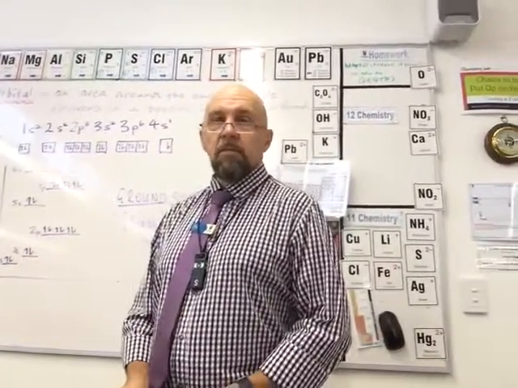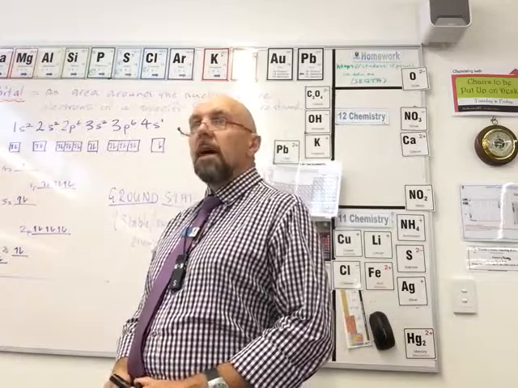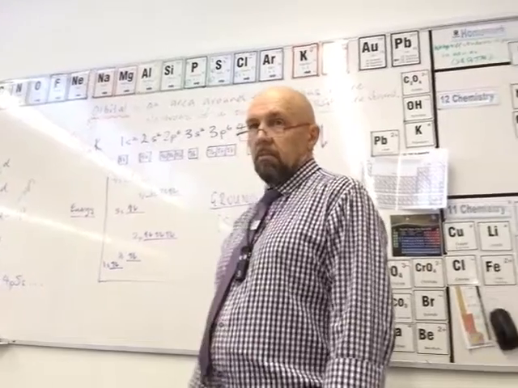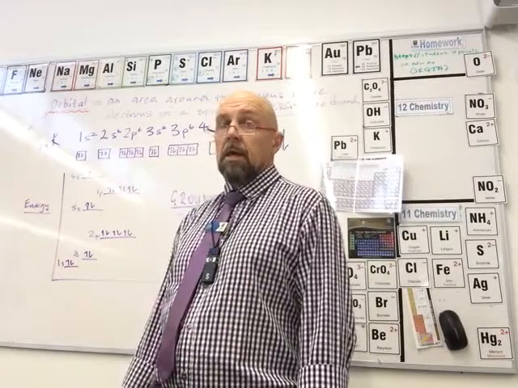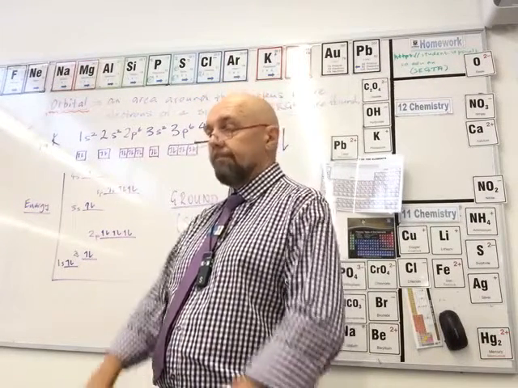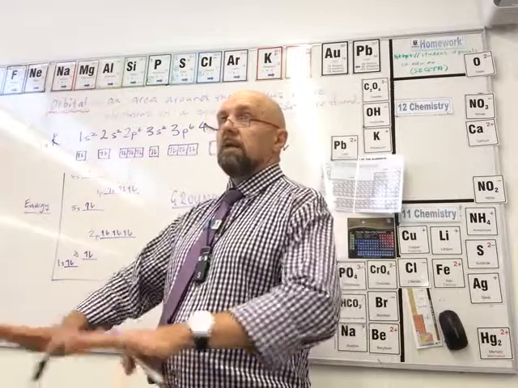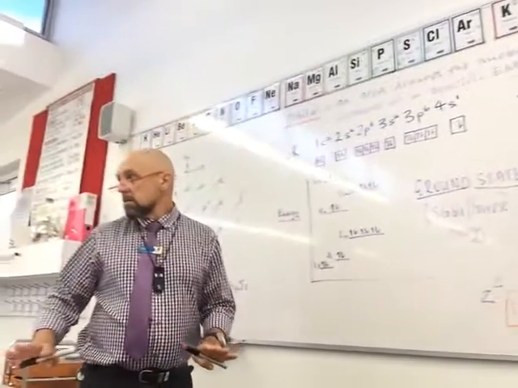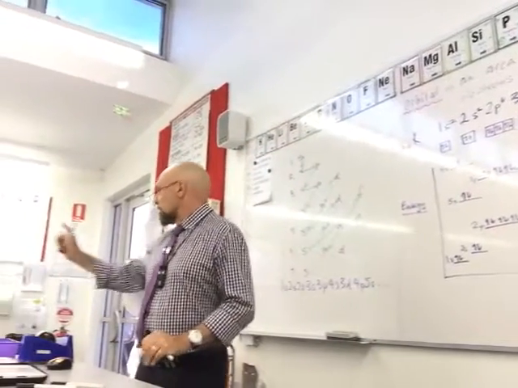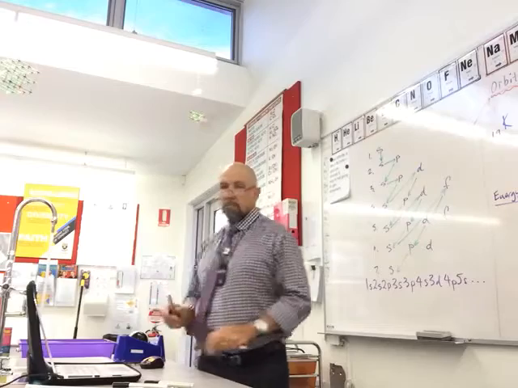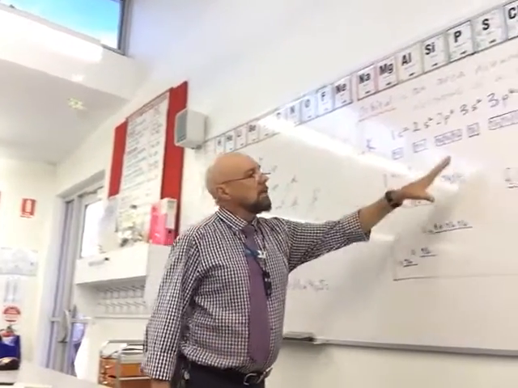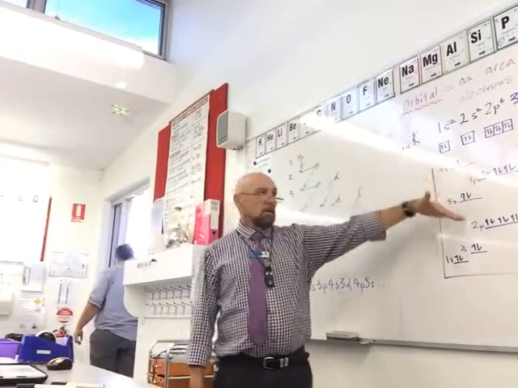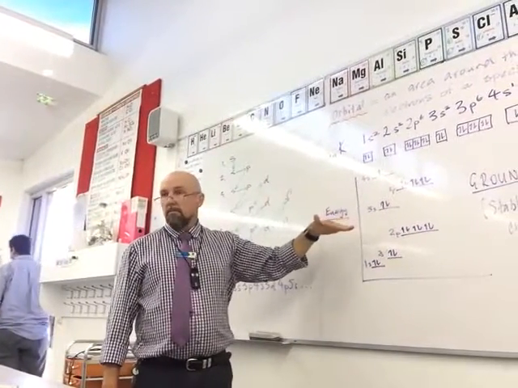If I went to get a piece of potassium out the back, even though it's not very stable, this would be the lowest energy configuration for potassium. We call it ground state, ground meaning it's basically the lowest energy it can exist in.